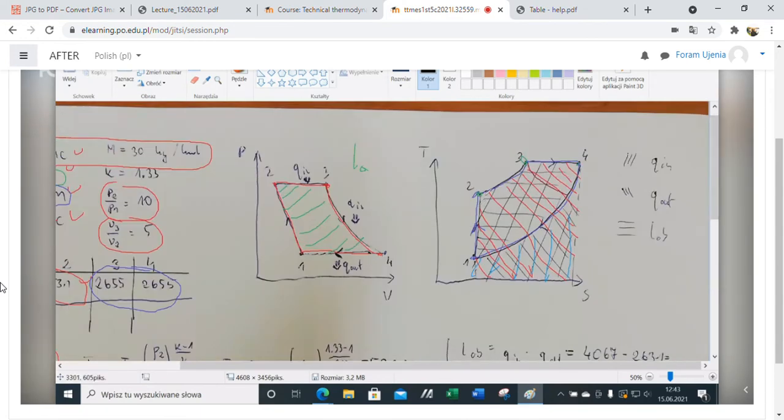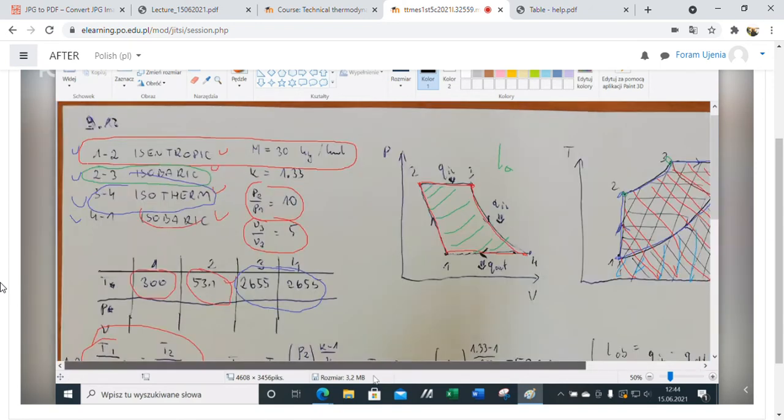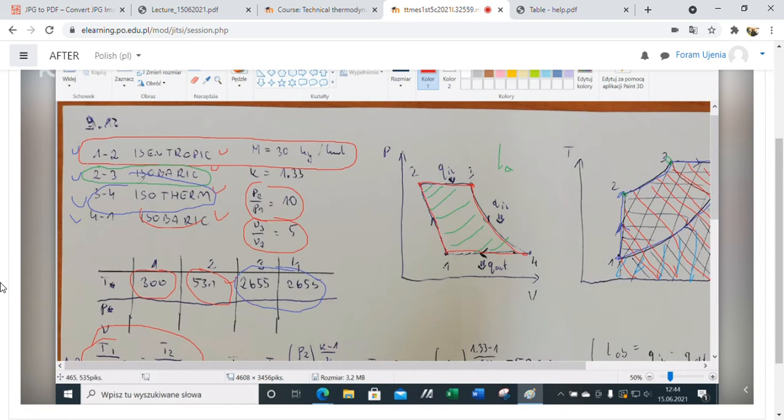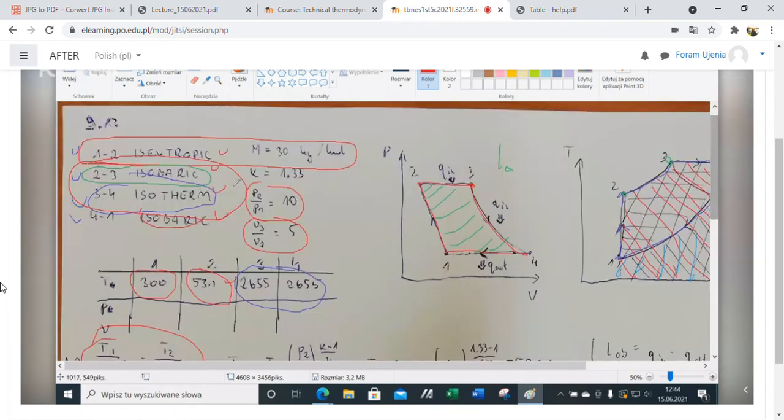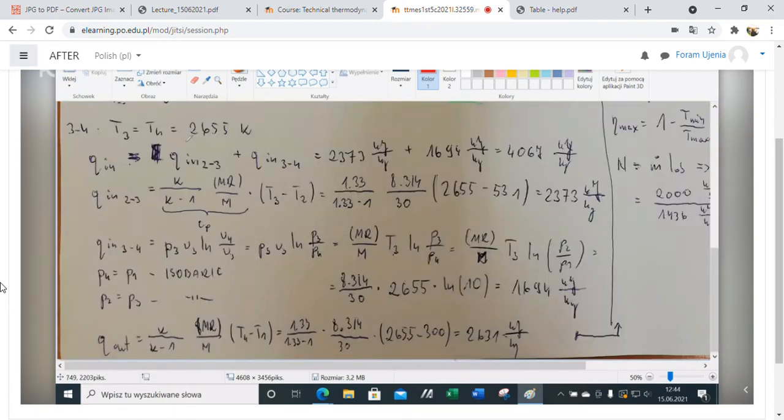So at first, we know that Q input is between 2 and 3 and 3 and 4, yes? So we know that the Q input is at isobaric process and isothermal process, okay? So Q input is the sum of Q in 2,3 plus Q in 3,4. Yes.